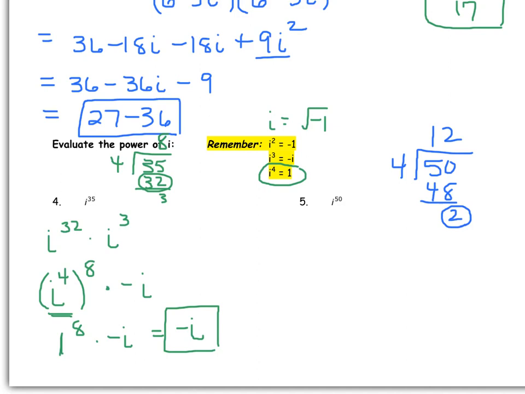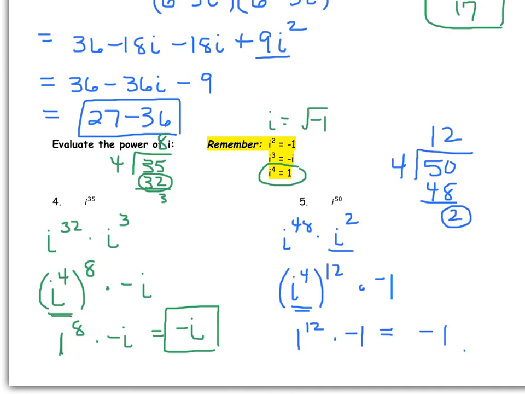So we rewrite i to the 50th as i to the 48th times i squared. i to the 48th is just i to the 4th raised to the 12th. i squared is simply negative 1. i to the 4th is 1. You've got 1 to the 12th times negative 1. And your i to the 50th is the same as the number negative 1.